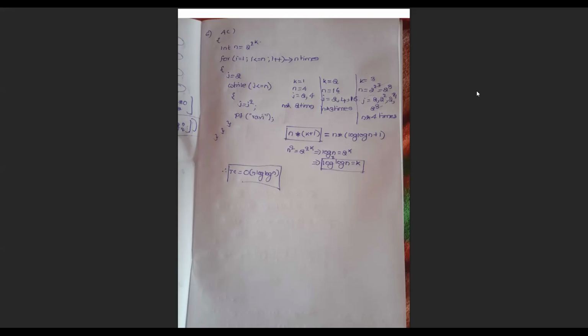Now the j value will become 16. While j less than or equal to n, yes, 16 is equal to 16. So the condition becomes true. Again, j becomes 16 square, 256. The condition is false. So how many times is it running? Up to 3 times it is running. So n into 3 times.